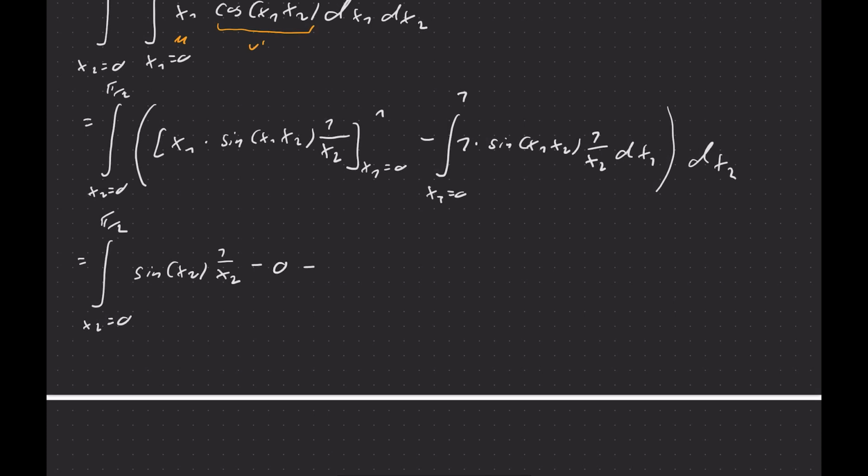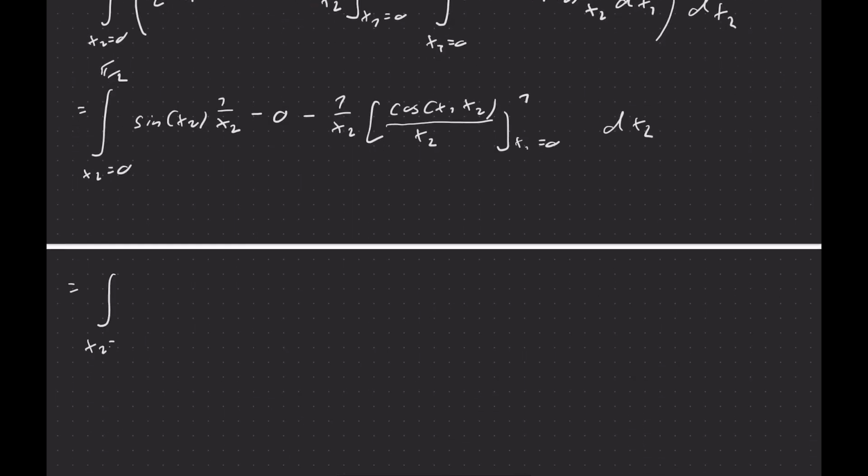Now this other integral here, now we are left with just one x1 variable, so that's not that much of a problem. So we have 1 over x2, and then we integrate that, and again that's the cosine of x1 x2, we did that already, over x2 for x1 from 0 to 1. And all that needs to be integrated with respect to x2.